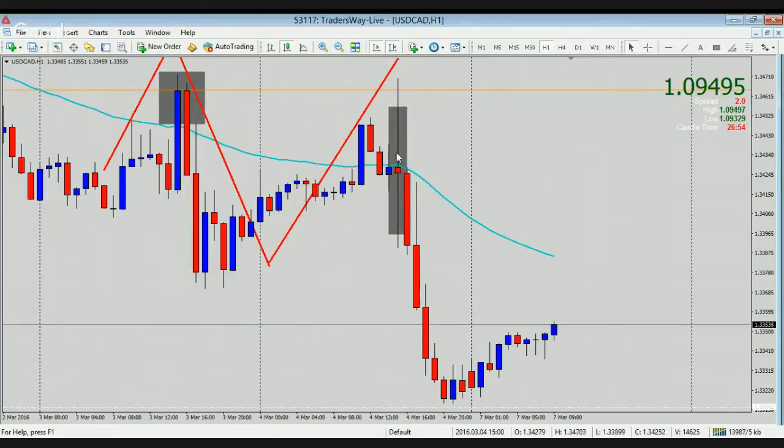This red candle right there, the one with the long wick, that's an engulfing candle. The reason why is because we are allowed to use the engulfing candle's top wick on an M formation, not the bottom wick, the top wick.